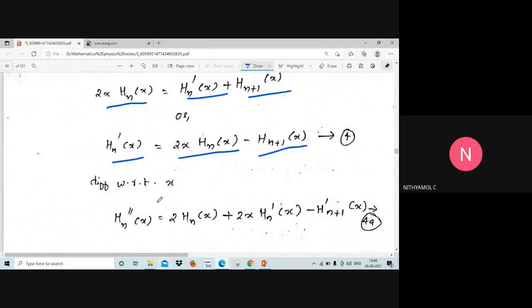Now differentiating with respect to x. Differentiate equation number 4 with respect to x.